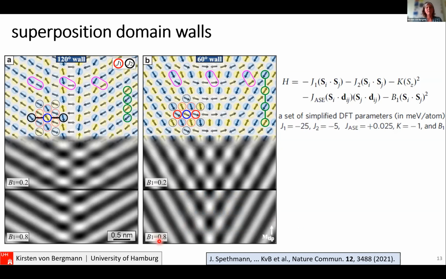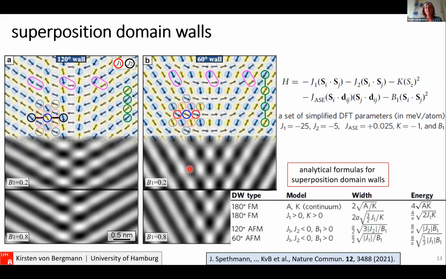And now if you increase the higher order interaction parameter, you see that the walls shrink. And if you stare at these circles long enough, you can actually come up with an analytical formula for the width and the energy of these antiferromagnetic walls. And you see that now not the anisotropy is a decisive factor here, but the higher order interaction parameter determines the width and the energy of these antiferromagnetic domains.